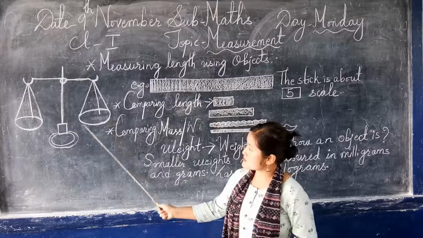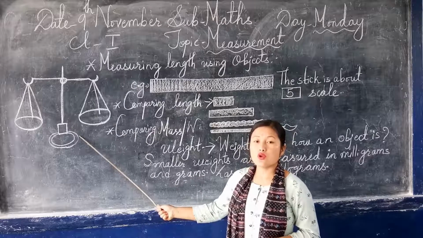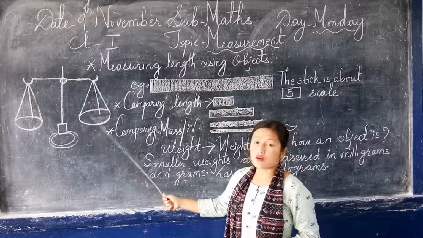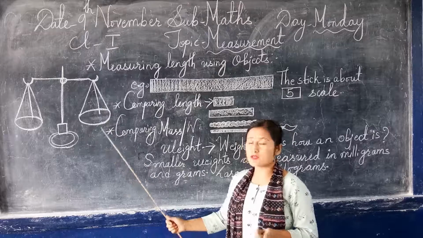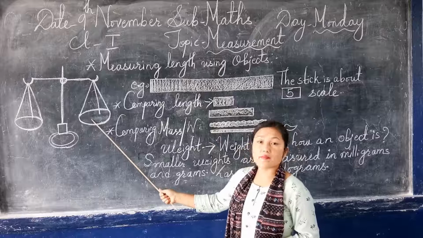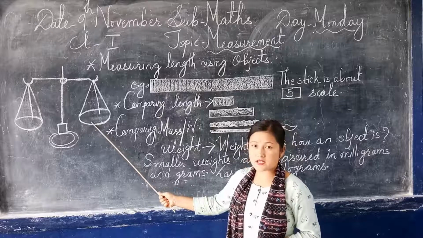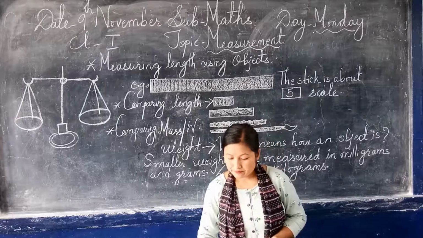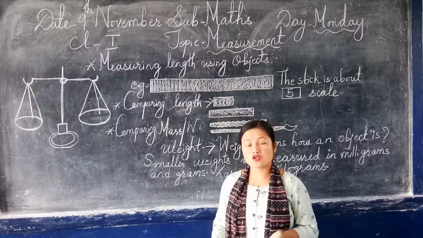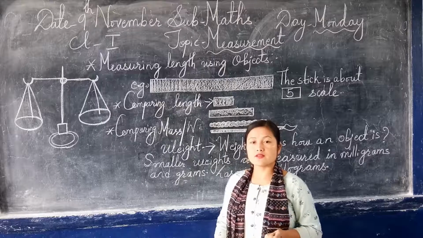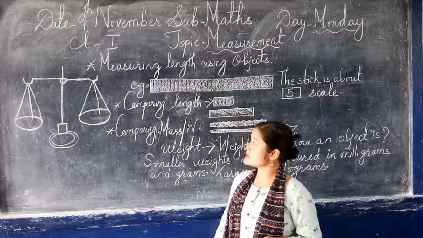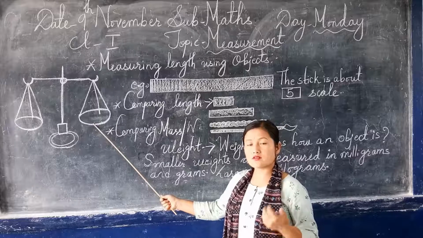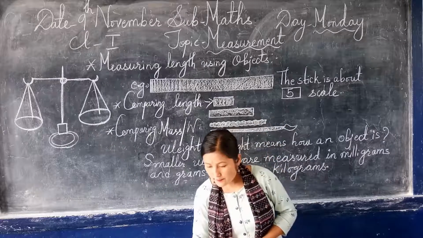You can see here, this is the weighing balance, where we measure the weight of an object. You must have seen it in the shop, right? You must have seen it at your home also, used to balance some things or some objects.